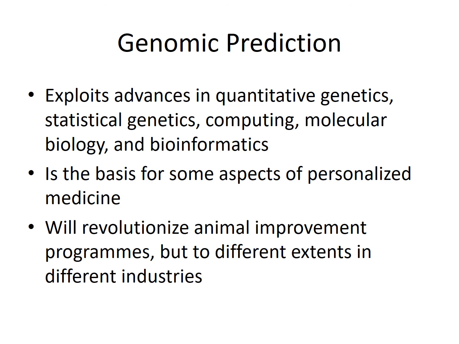In beef cattle, it's hard to get a return on the same kind of investment, so it's taken longer to develop training populations, and they're not nearly as big as they are in dairy cattle. So the accuracy is not as high in beef cattle as it is in dairy cattle, but it is improving all the time.